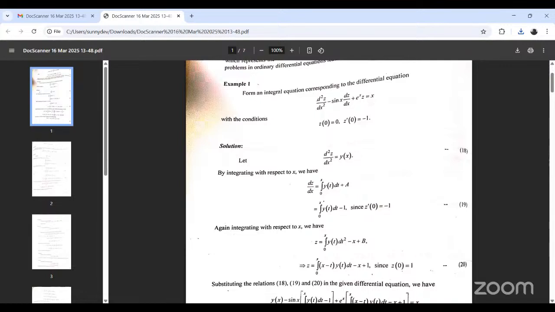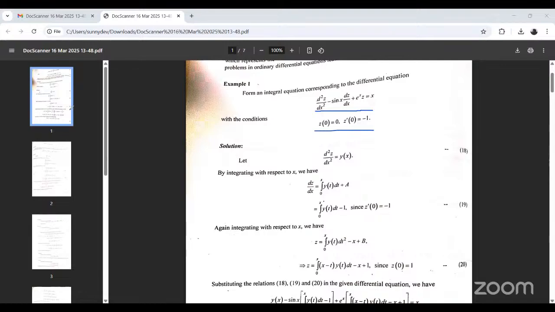The differential equation is d square z by dx square minus sin x into dz by dx plus e power of x into z equal to x, with the initial conditions z of 0 equal to 0 and z dash of 0 equal to -1.